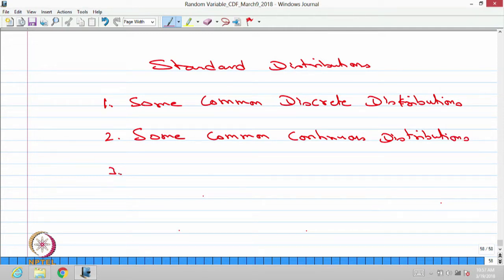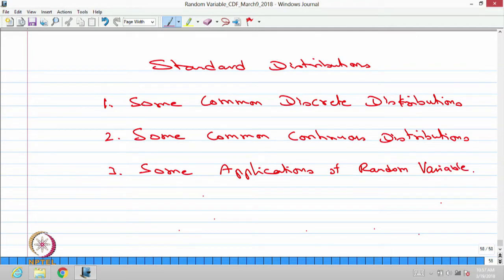Third, we are going to discuss some applications of random variable. That means we are going to discuss some problems which are related to these common discrete and continuous distributions.